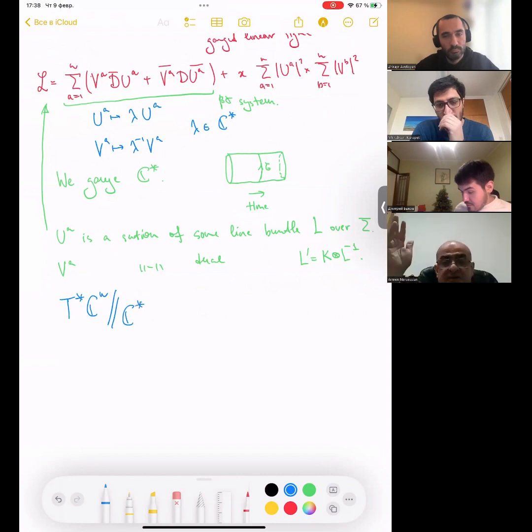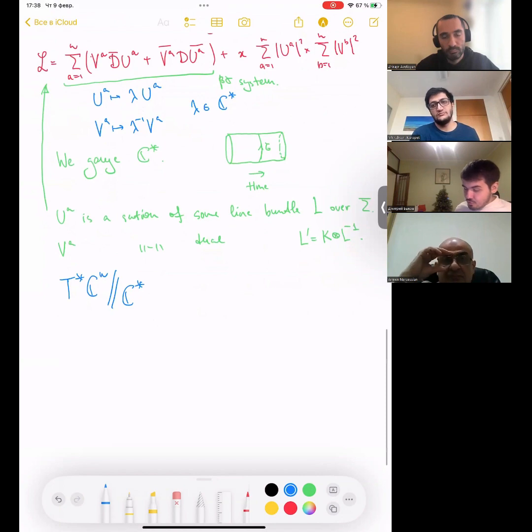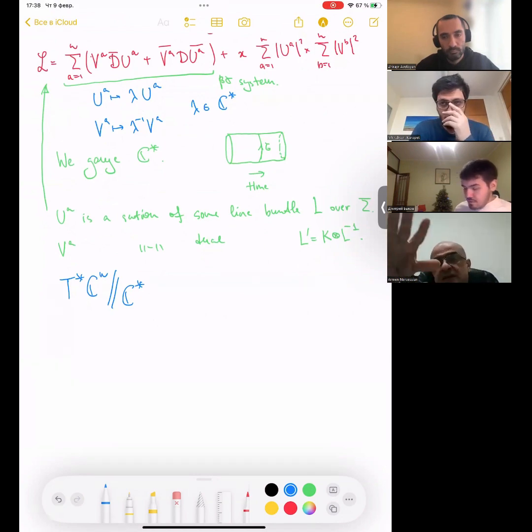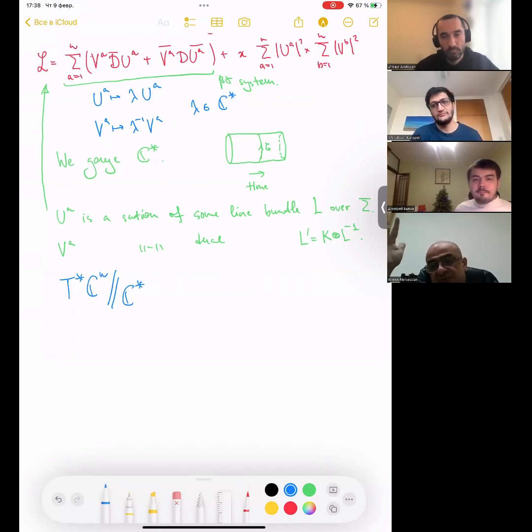Oh, but it is the same actually. You will get some twisted CPN. No, I mean when you do the symplectic reduction, you should say that U is not identically zero. So you will get some system with some additional term, a magnetic field, roughly speaking, a constant magnetic field.